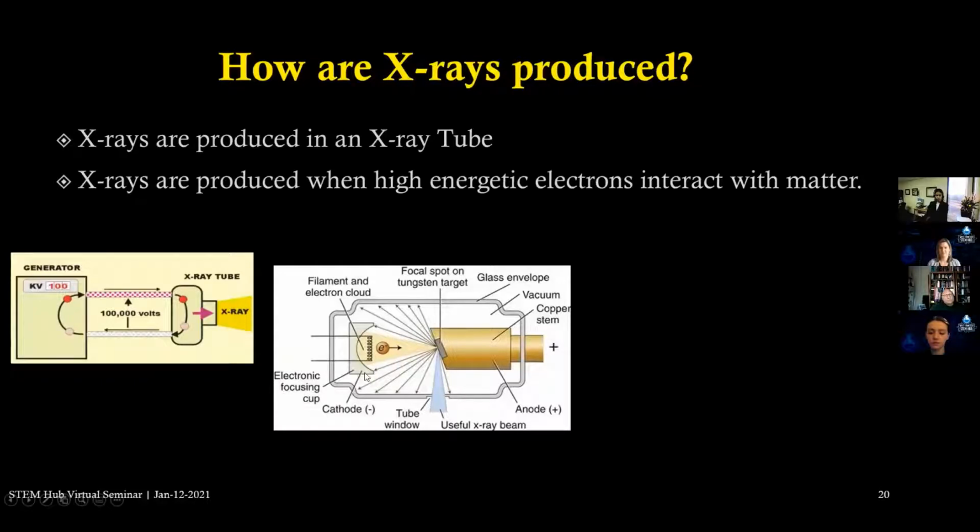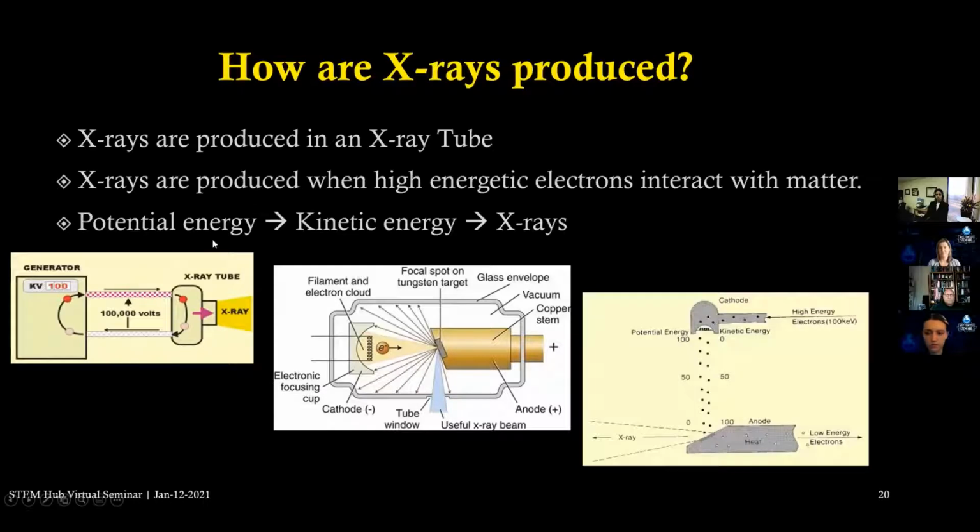It has a cathode and it has an anode. So you maintain this X-ray tube at a very high potential. Here you have a potential energy, and as these electrons are accelerated towards the anode, the potential energy is converted into kinetic energy. And these electrons bombard the material here, which is tungsten, a material with high density.